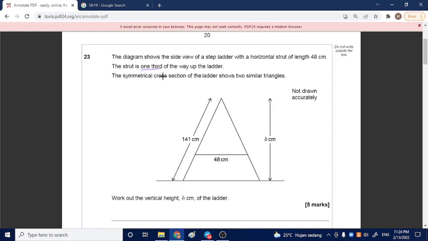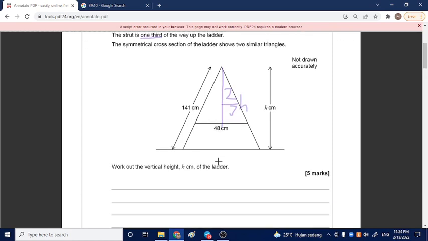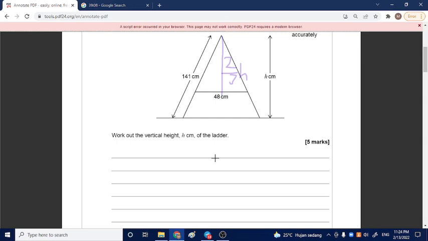1/3. That means this is like 2 over 3 h. And so this should be 2 over 3 times 1.41.